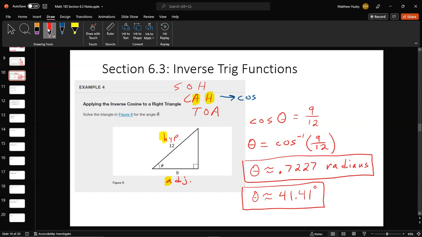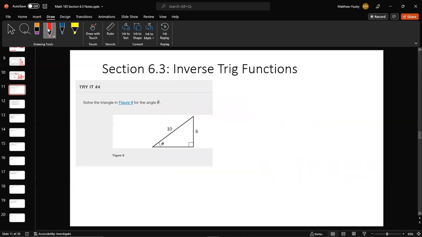Again, don't forget SOHCAHTOA. And then just like I said, the two sides that you know can guide you to which trig function you're going to want for any particular problem. Here's another one. So here we've got our triangle. We're trying to find angle theta again. Here we're across from angle theta.